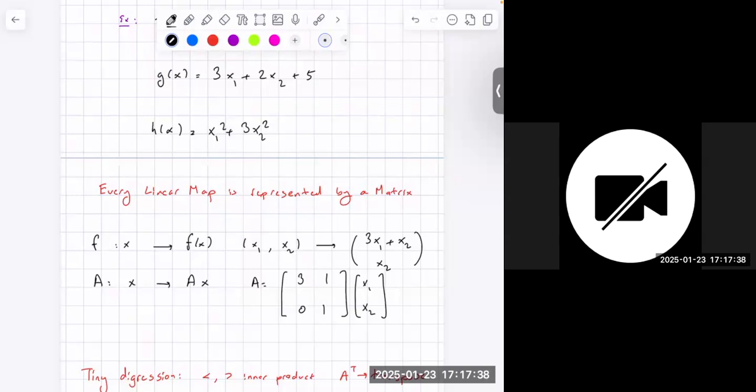But if you change the way you look at your vector space, the matrix representing it will change. For example, suppose you go from E1, E2 standard basis to something else. This function will not change at all, but this matrix will look very different. Just keep that in mind.